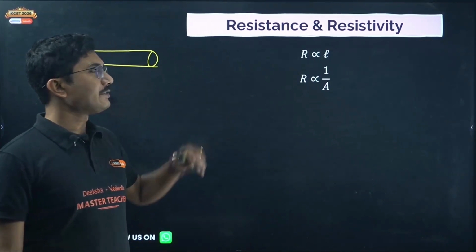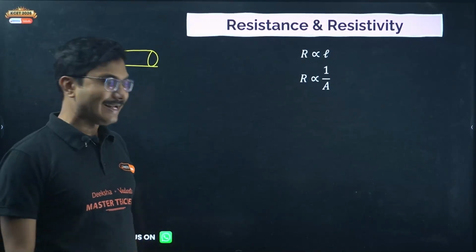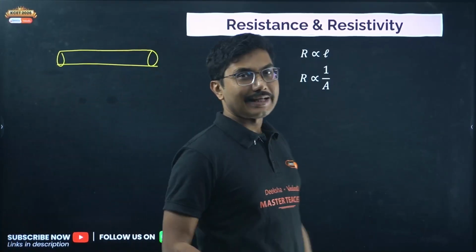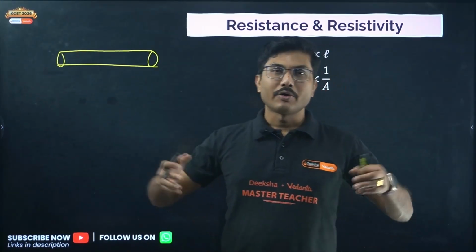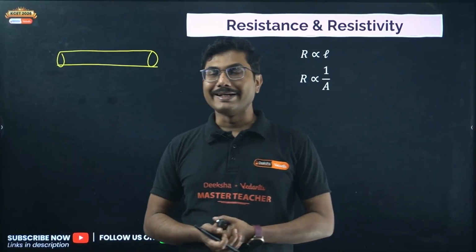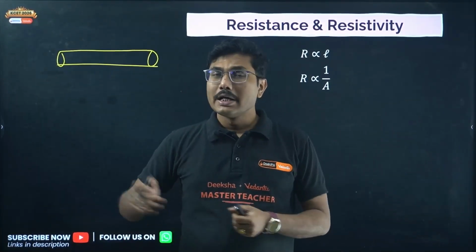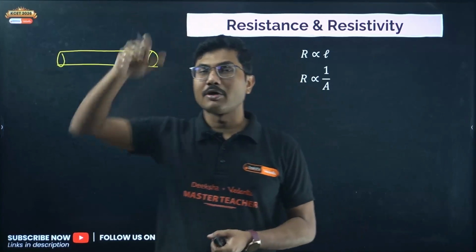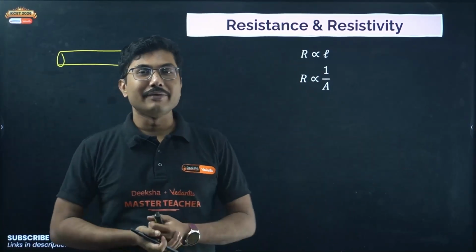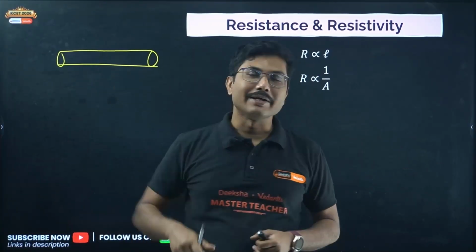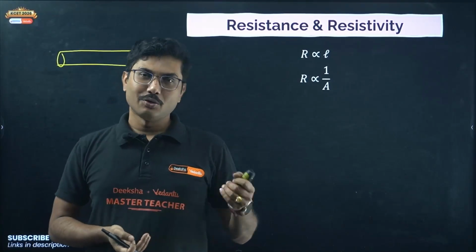Now resistance is inversely proportional to the area. You can consider that the same highway where you are driving is very wide. If the highway is very wide, even though there are a lot of trucks and lorries, you can easily navigate through them because you can easily take a side and move along the road, right?